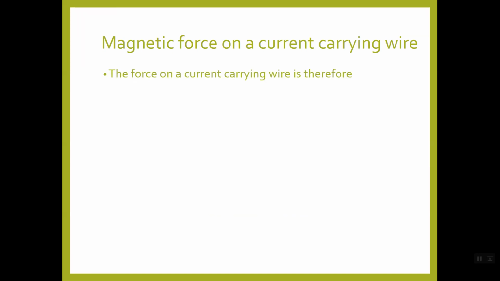So the force on a current carrying wire is therefore just going to be adding up the force on all the individual particles in the current, and we integrate that to get the total force.